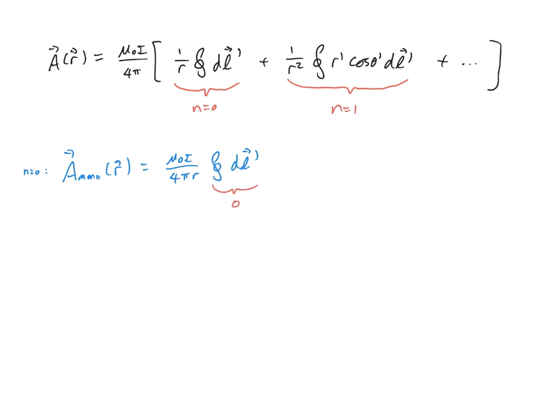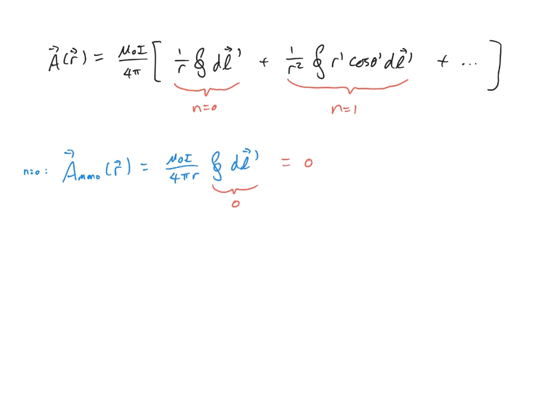So this is, of course, extremely interesting because it tells us there is no monopole contribution to the vector potential, and therefore no monopole contribution, if you like, to the magnetic field. This substantiates the idea that there are no magnetic monopoles. There are no point charges for a magnetic field, as you have point charges for the electric field.